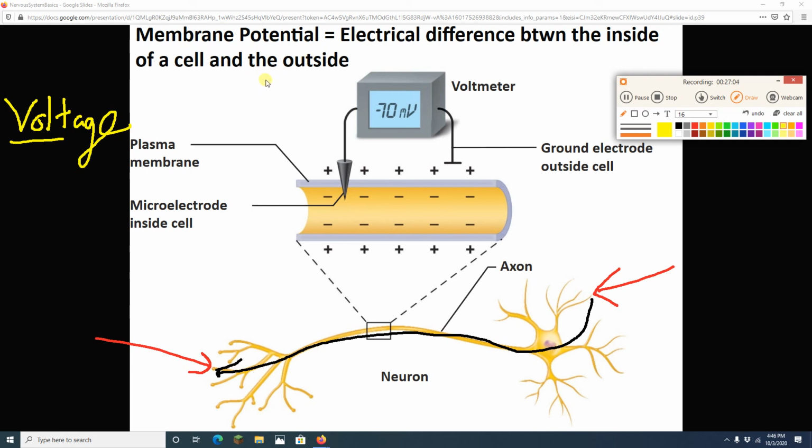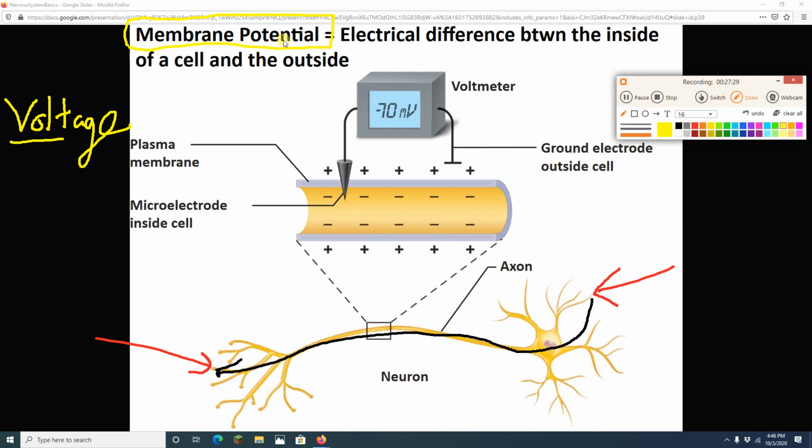They have this electrical difference between the inside and the outside of the cell. The voltage of a neuron is known as its membrane potential. Because obviously, if it's a difference between the inside and outside of the cell, what separates them but the membrane? The word potential here applies to the fact that we have a source of potential energy.